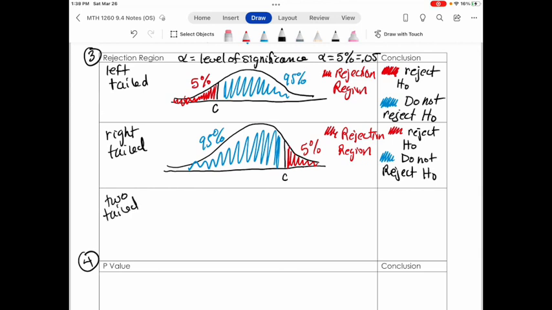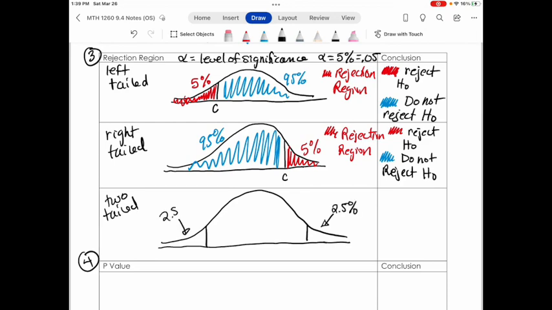Okay, the last situation you could run into would be two-tailed. It's very, very similar. If we have a level of significance of 5%, that means if we're doing two-tailed, we want that to be split up between 2 tails. So I'm looking for where this is 2.5% and this is 2.5%. These are going to be our rejection regions. Since we're looking at both tails, it could fall in either tail, and we split that percentage up between the 2.